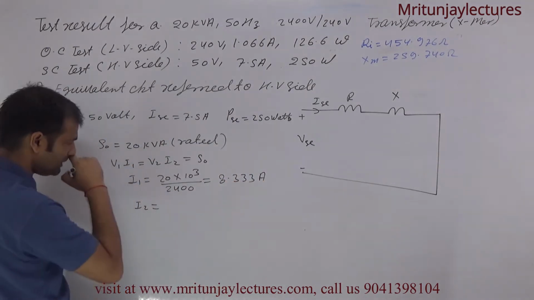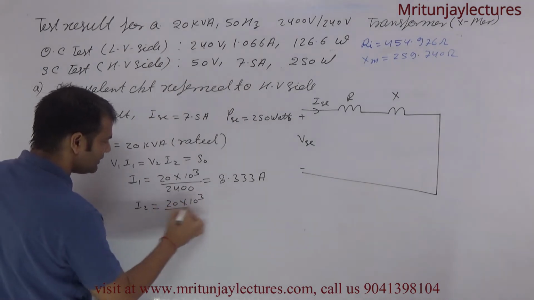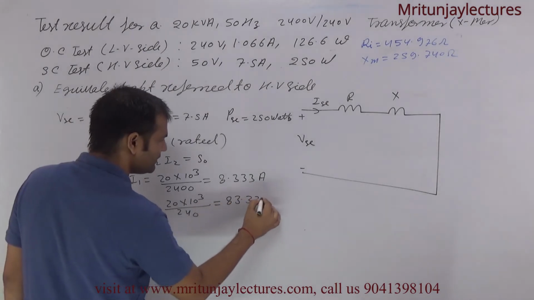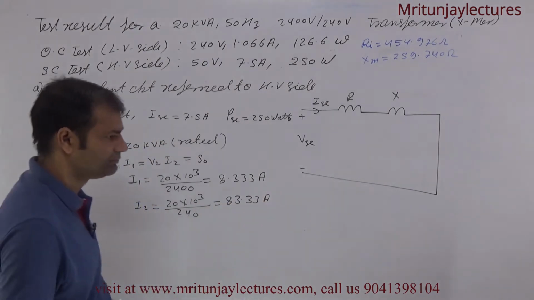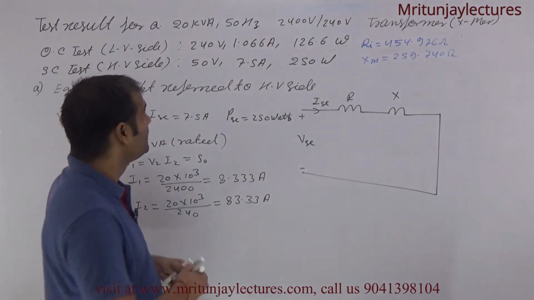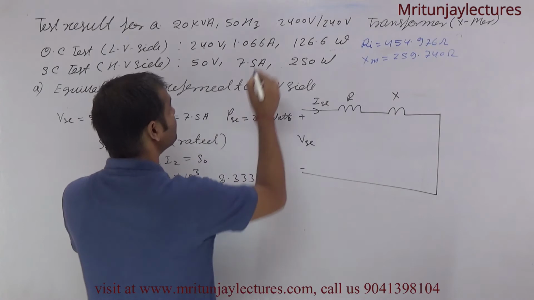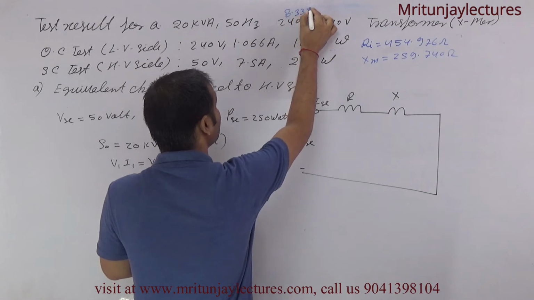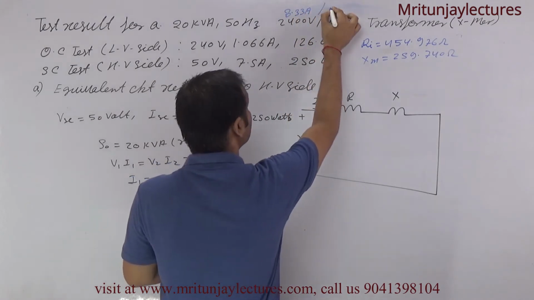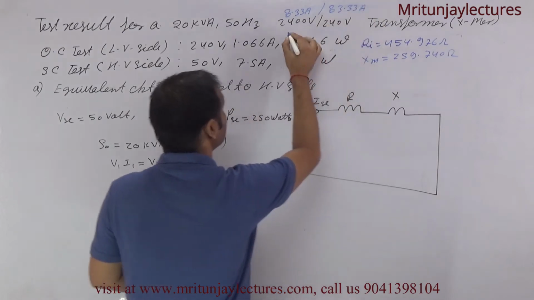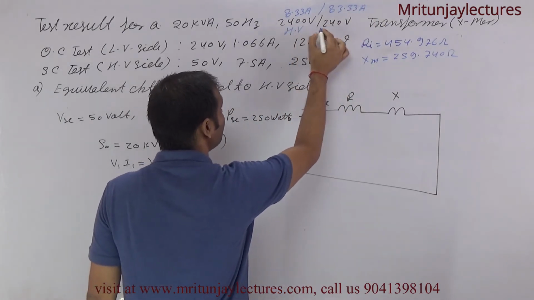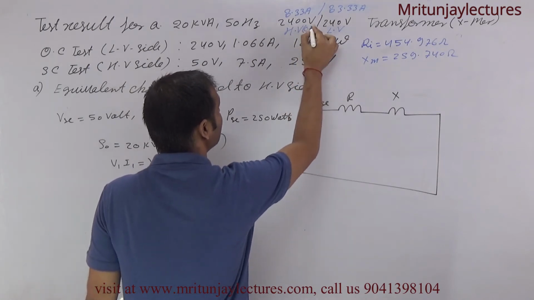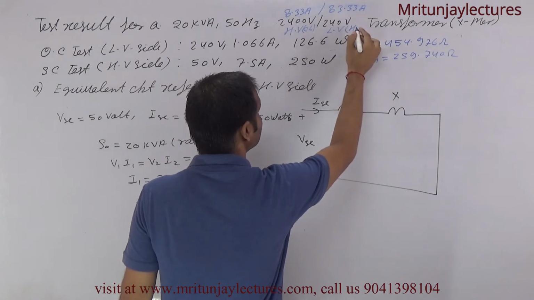And I2 is 20 into 10 to the power 3 divided by 240, which is 83.33 ampere. That is the high voltage, low current side, and here the low voltage, high current side.